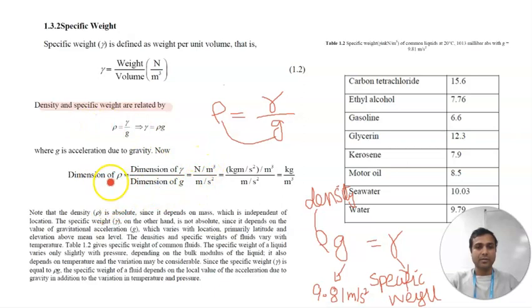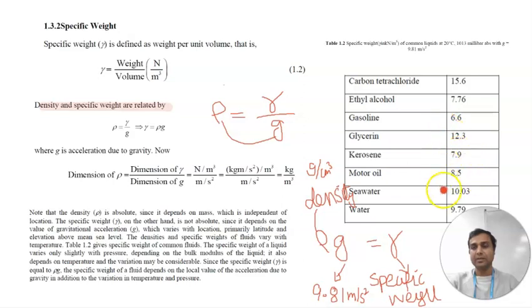Now, if you look at the density dimensions, it's kilogram per meter cube or grams per centimeter cube. Okay, the units. We have different densities. So the density of water is 9.79, let's say.